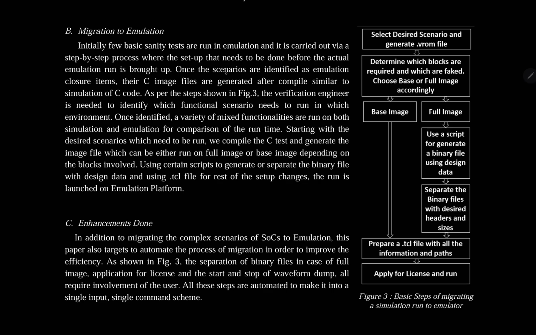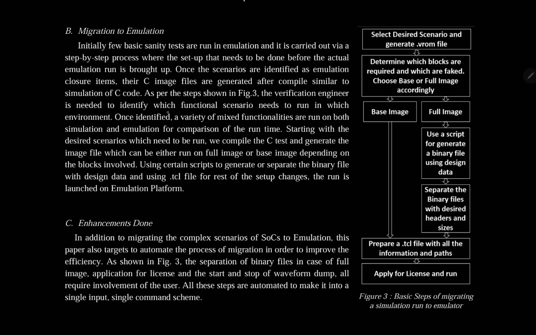Once the scenarios are identified as emulation closure items, their C image files are generated after compile, similar to a simulation of C code. As per the steps shown in Figure 3, the verification engineers need to identify which functional scenarios need to run in which environment.